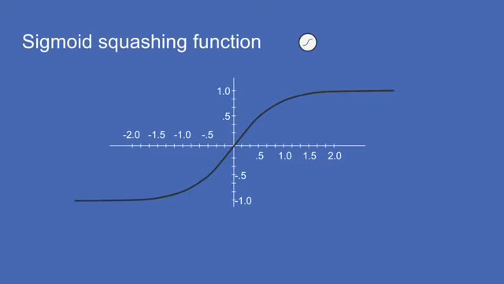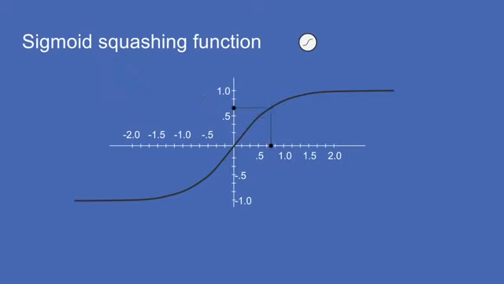You have a sigmoid squashing function. Sigmoid just means S-shaped. And what this does is you put a value in, let's say 0.5, and you run a vertical line up to your sigmoid and then a horizontal line over from where it crosses. And then where that hits the y-axis, that's the output of your function. So in this case, slightly less than 0.5. It's pretty close.